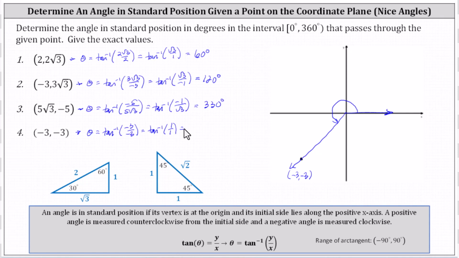Having a tangent function value of 1 or 1 divided by 1 should remind us of a 45, 45, 90 reference triangle, where the tangent of 45 degrees equals the ratio of the opposite side to the adjacent side, which is 1 divided by 1, which indicates the angle we're looking for has a 45 degree reference angle in the third quadrant. So the reference angle is 45 degrees, which means the angle theta we're looking for is equal to 180 degrees plus 45 degrees, which equals 225 degrees.